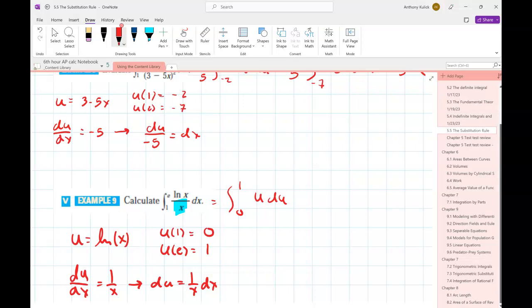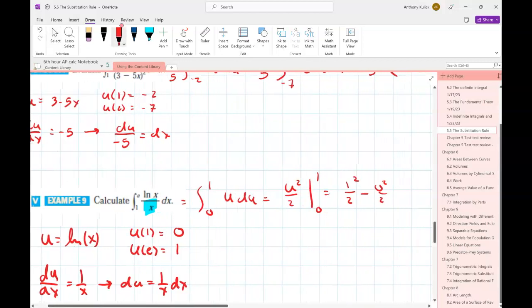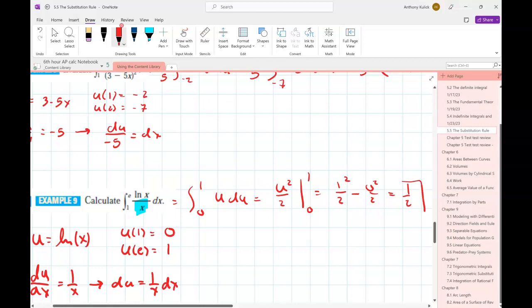That's lovely, right? So the antiderivative is just u squared over 2. So I just have 1 squared over 2 minus 0 squared over 2, which is just 1/2. Looked like a pretty scary integral to start with, and that turned into pretty darn easy.